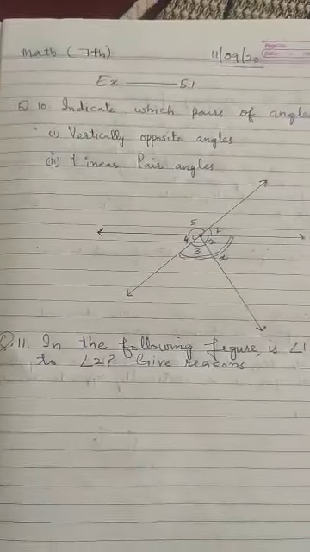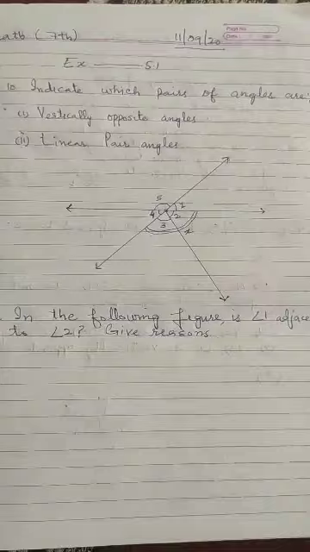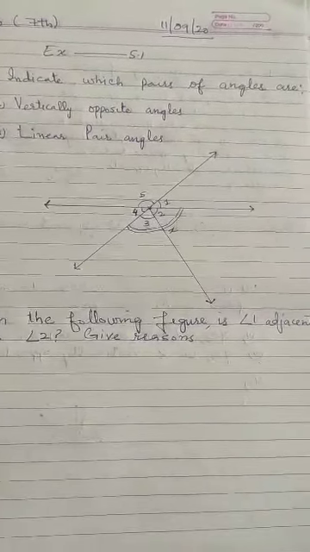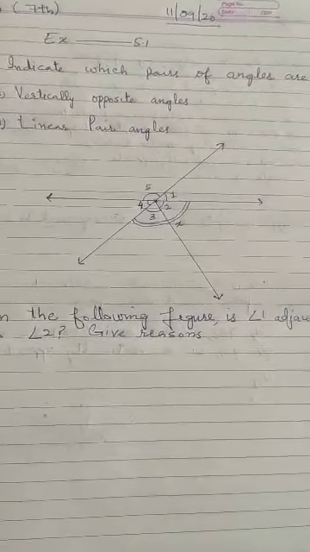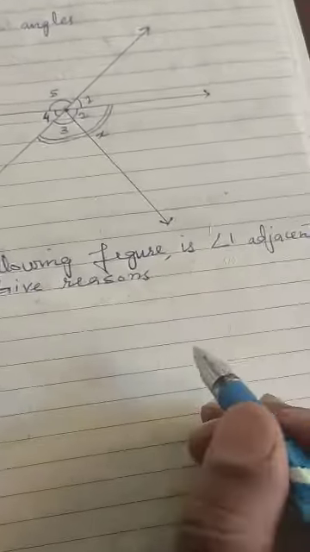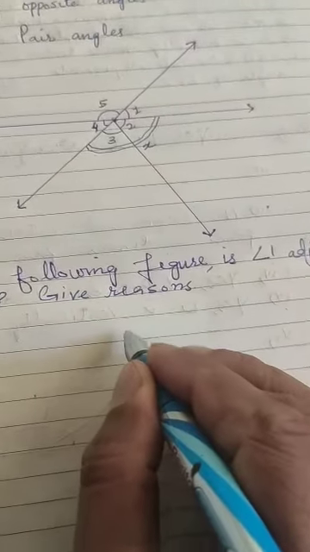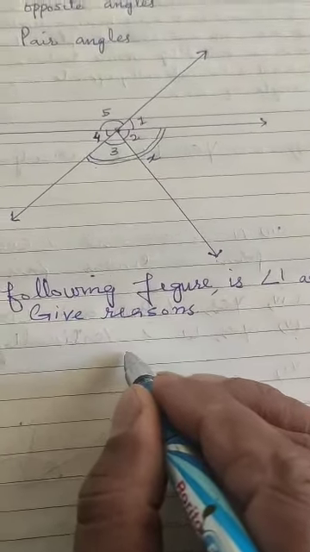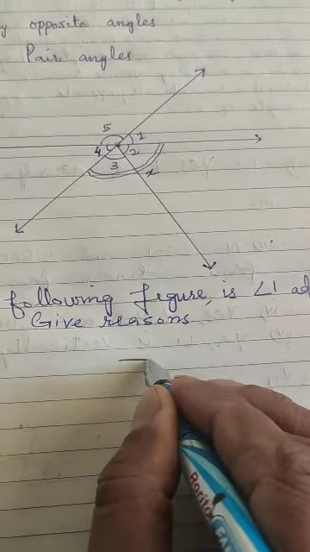Question number 11 reads like this: In the following figure, is angle 1 adjacent to angle 2? Give reasons. I'm sorry, I have not drawn the figure yet. I will do it now. Well, the figure shown in the text is like this.